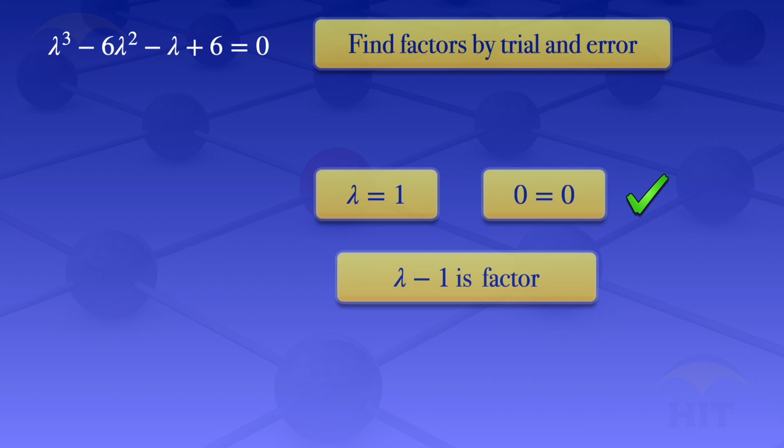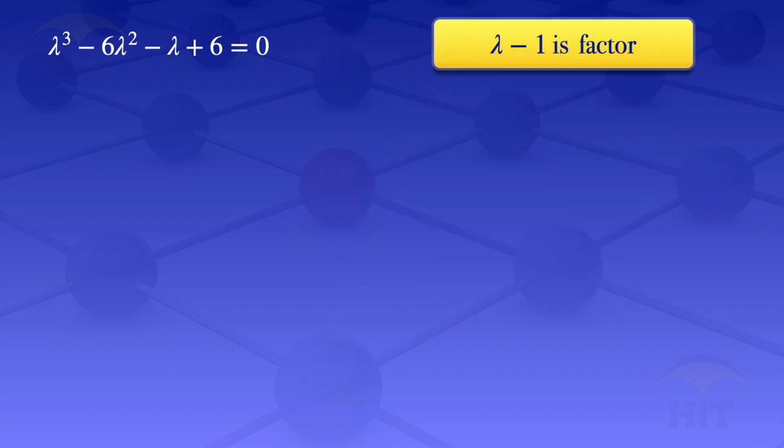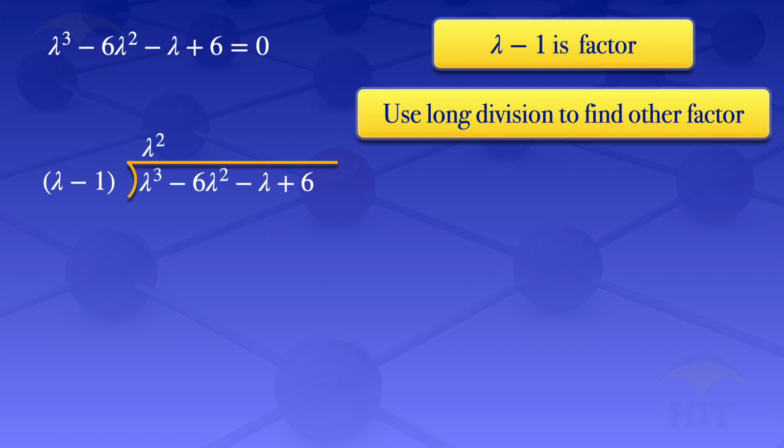If it is a factor, then we would have to find the other factors using long division. So using long division, I'll write the factor that we are saying, lambda minus 1. Then the polynomial, I'll put it under the division sign, lambda cubed minus 6 lambda squared minus lambda plus 6. The leading term, lambda cubed divided by lambda, gives lambda squared.